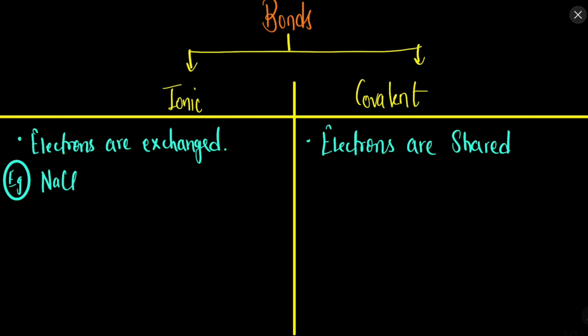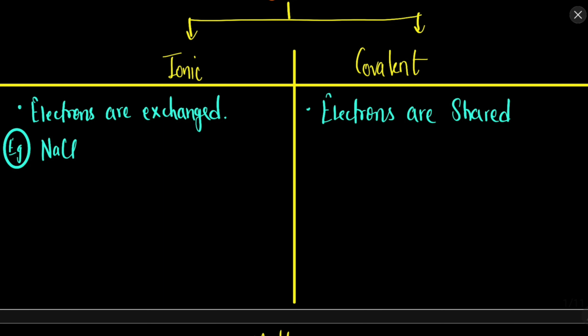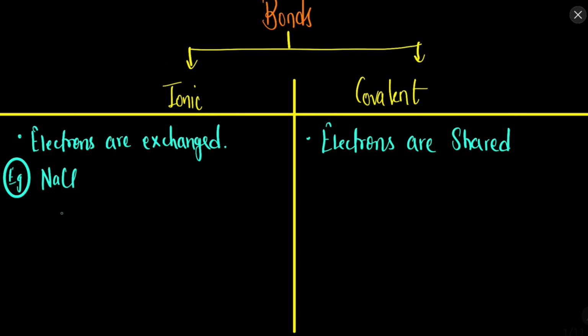NaCl. How is NaCl obtained? Na is sodium. Its electronic configuration is like this. Chlorine is another element whose electronic configuration is like this. Sodium requires 7 more electrons to complete the octet, but it can do one more thing.